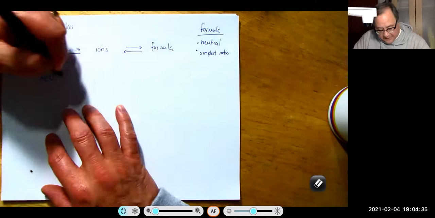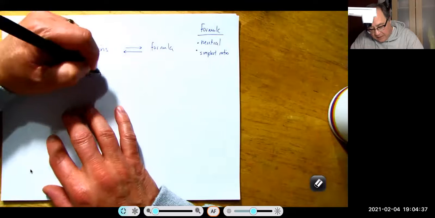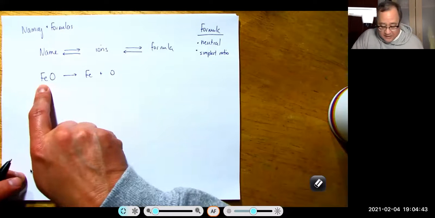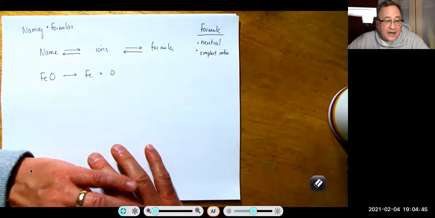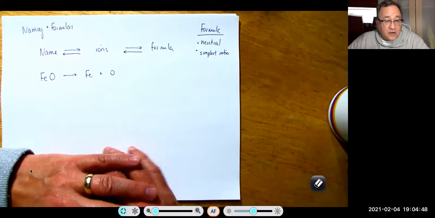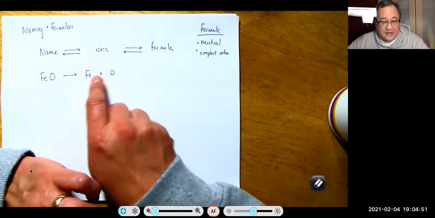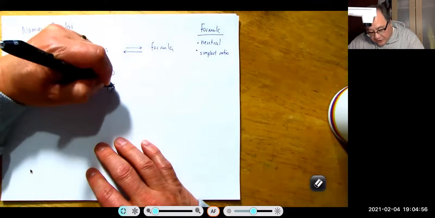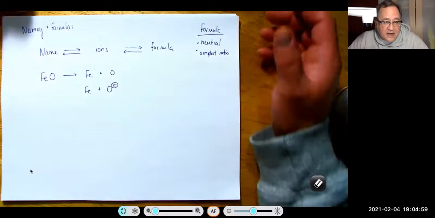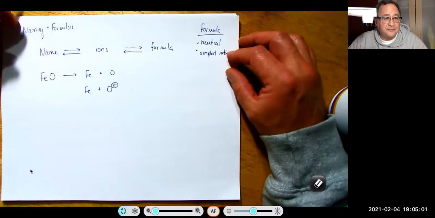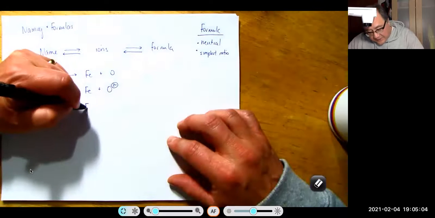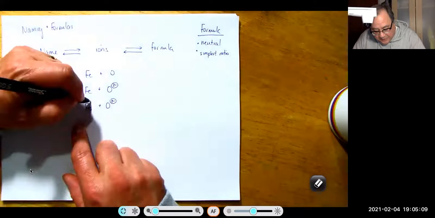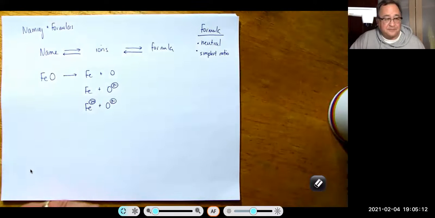So with that in mind, I'm going to write these out in steps. The first thing you do is you say, oh, I've got an iron ion, and I've got an oxygen ion, and the cation always goes first. So that's a cation and that's an anion. Your next step is to say oxygen is -2 because it's an anion that is always a -2. And then your next step is to say that, well, for this to be neutral, the iron has to be +2, and then it's neutral.